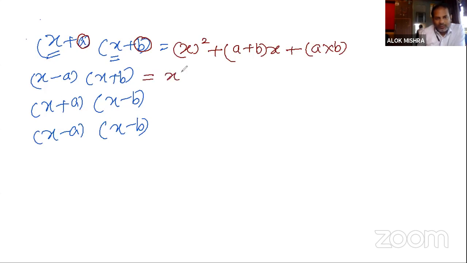Similarly, in the same way, I can derive this formula also. It is x squared. Make sure to write this sign as plus, and then I'll write minus a plus b into x. Then again make sure the sign is plus. This is minus a into b.